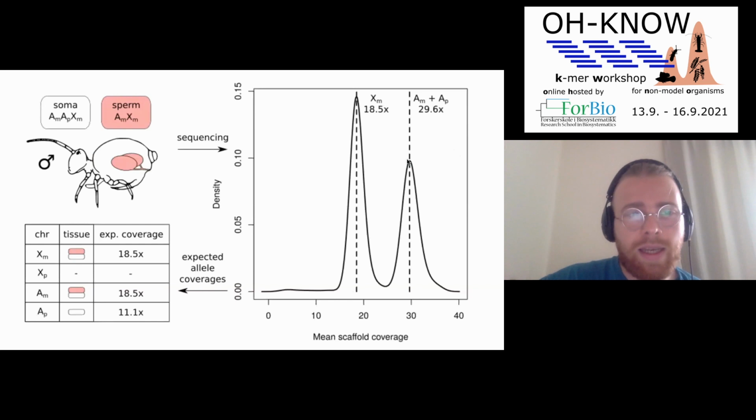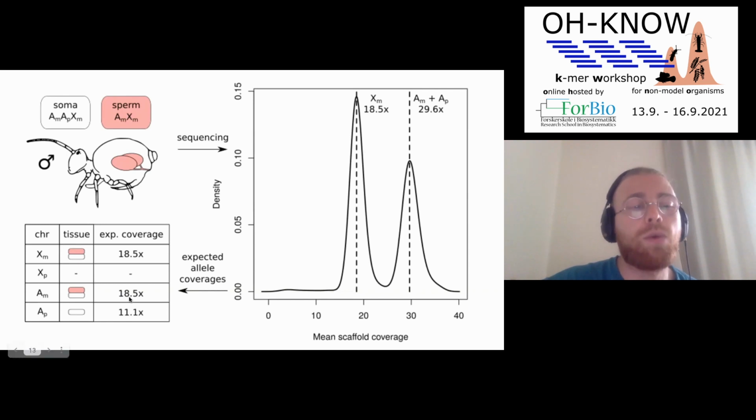And indeed, this is the coverage replotted, now mapping reads back to the assembly, but the ratio between the coverages is still holding. We see that the autosomal peak is about 30x, and the X peak is about 18.5x. So it's not half, it's not 15x, it's 18.5x.